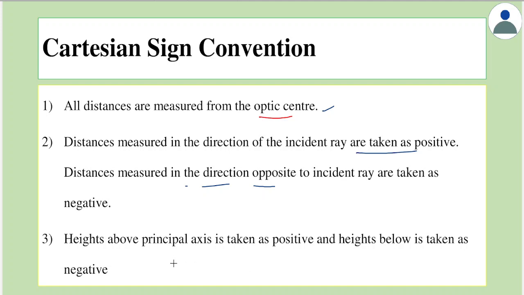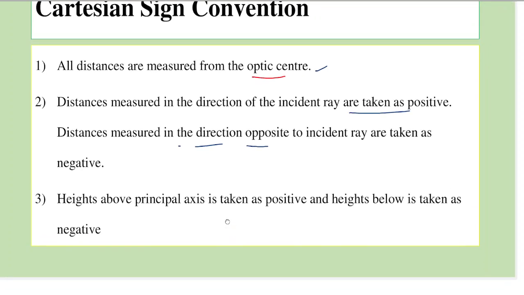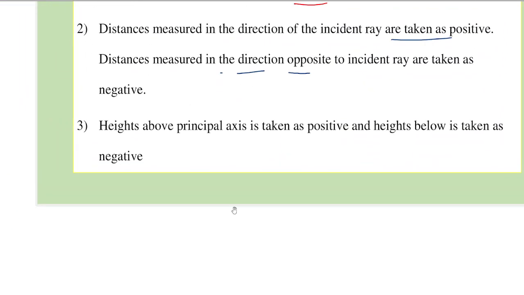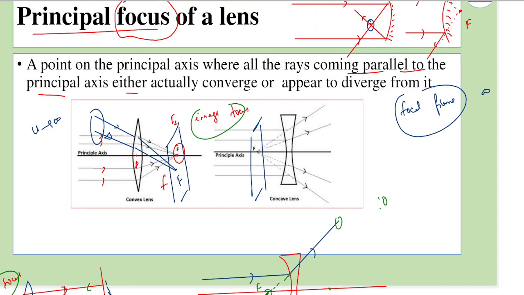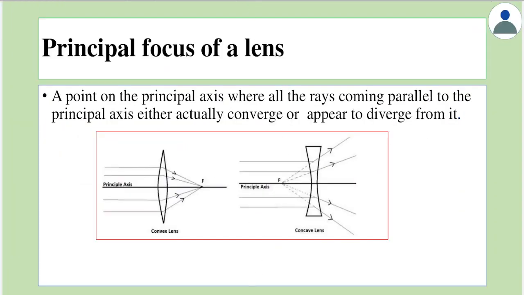Third point is heights above principal axis is taken as positive, and heights below is taken as negative. So with this in mind, we'll just recap what would be the focal length in case of a concave and then convex lens.